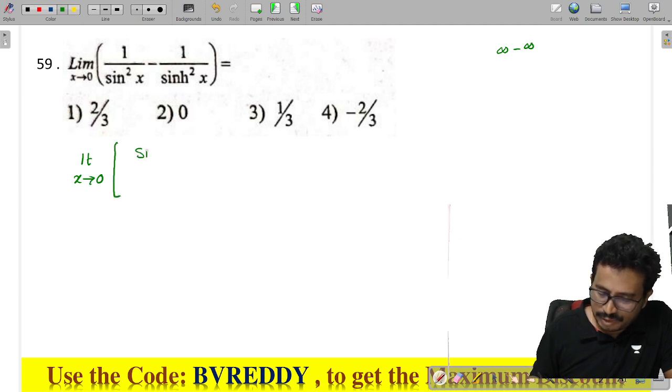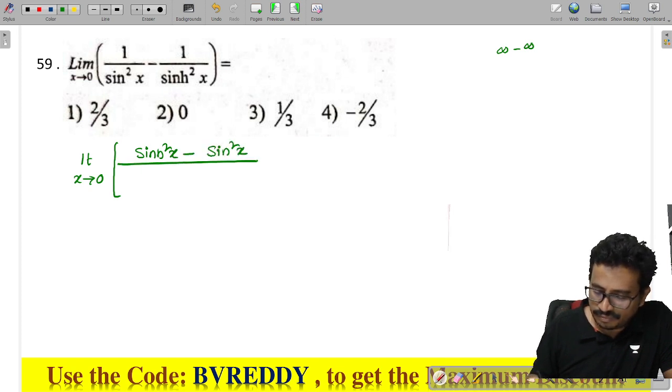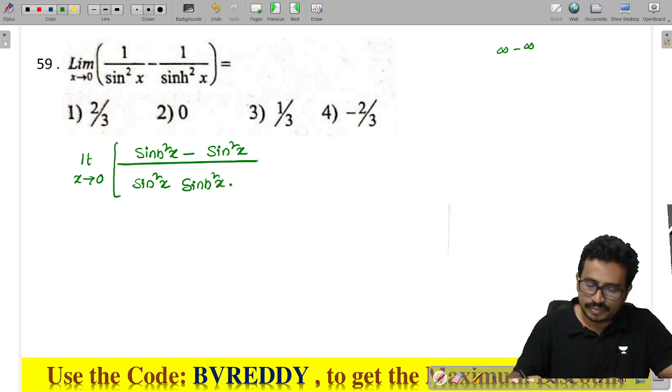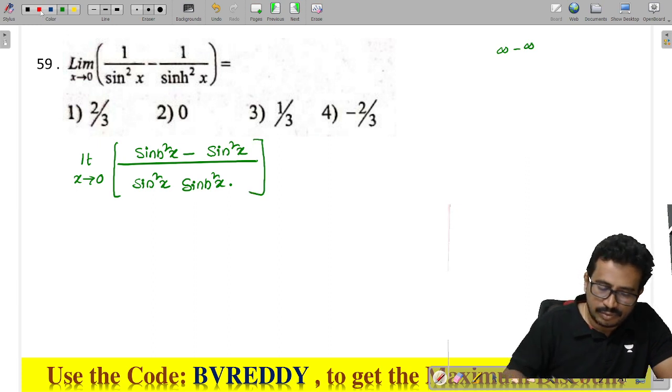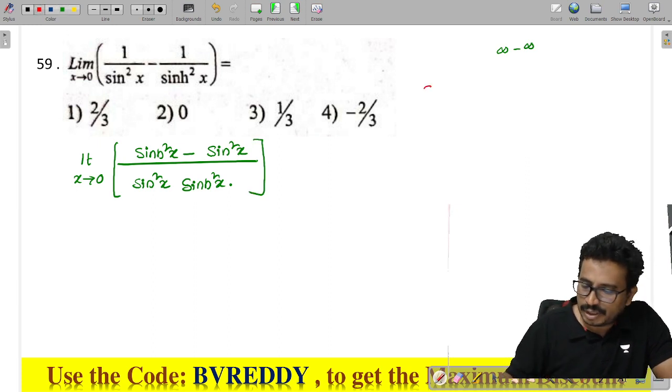So then it is given as sinh square x minus sine square x by sine square x into sinh square x, right? Now as we know here, the sin x series.